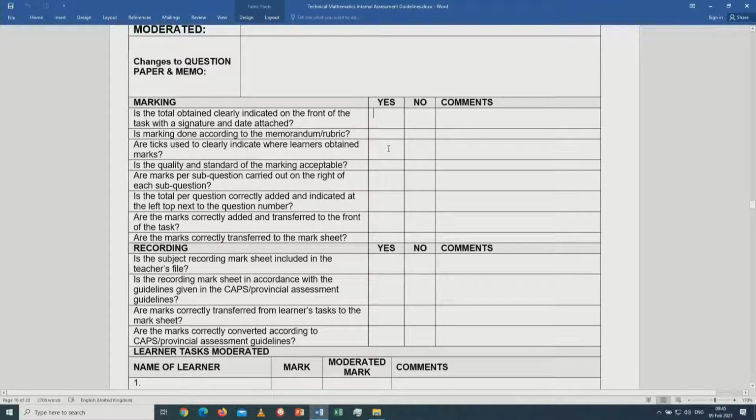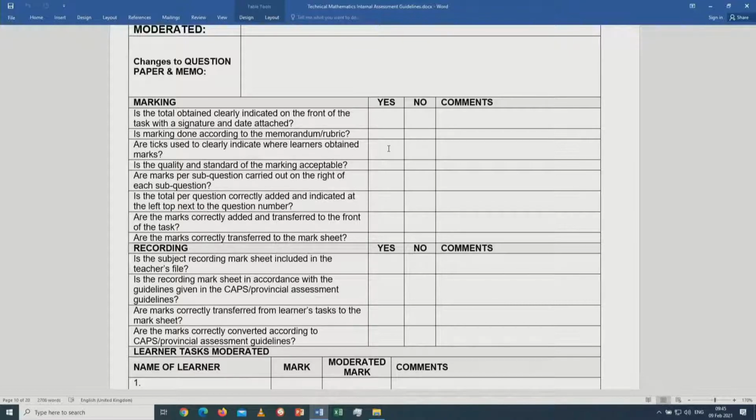And you need to also be very careful. This one I need to indicate. When you set a test, you have the marking guideline. The marking guideline must have all possible options. Why do we need all possible options? Learners will not respond to the same question the same way. Others will provide solutions differently.